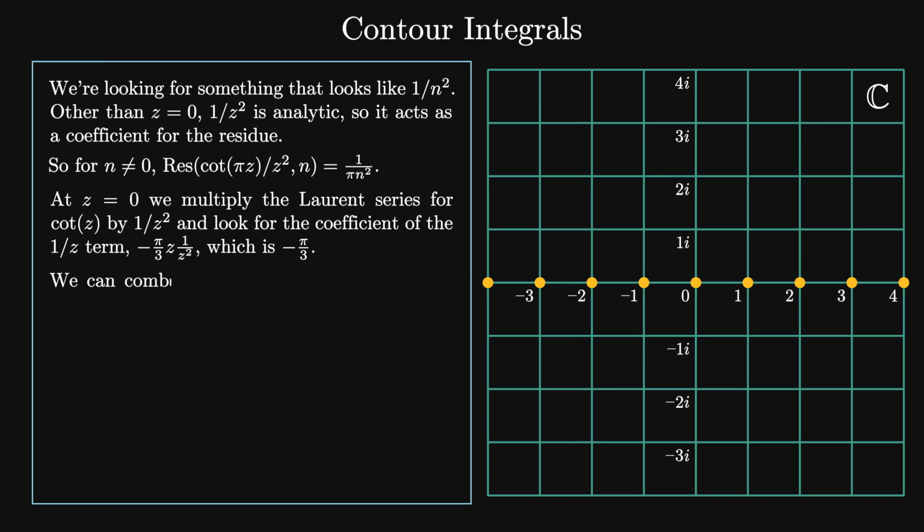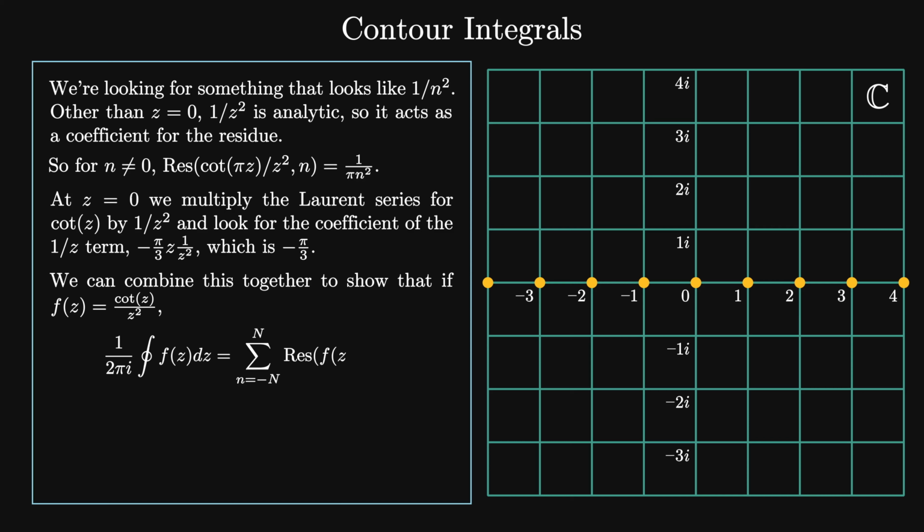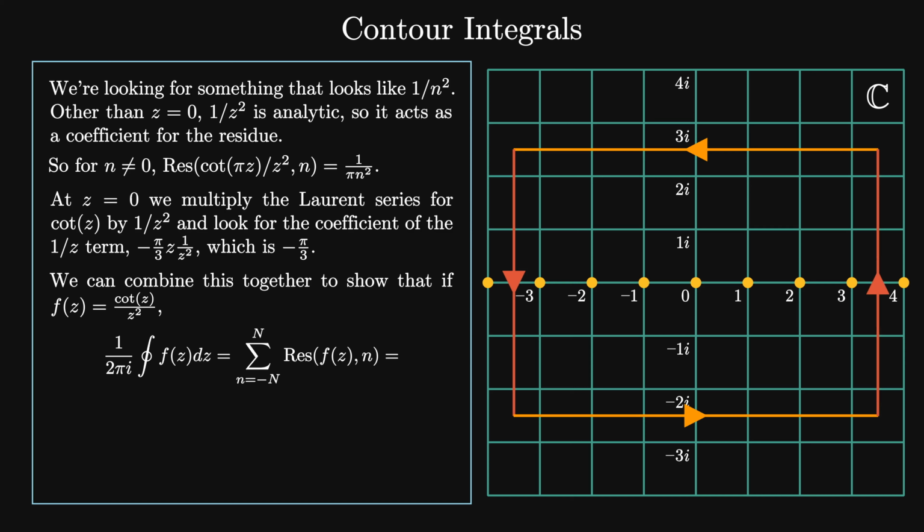We can combine this together to show that if f of z equals cotangent pi z divided by z squared, then 1 over 2 pi i times the contour integral of f of z dz equals the sum from minus N to N of the residue of f of z at n, which equals the residue of f of z at 0 plus 2 times the sum from n equals 1 to N of the residue of f of z at n, which equals minus pi on 3 plus 2 on pi times the sum from n equals 1 to N of 1 over n squared.